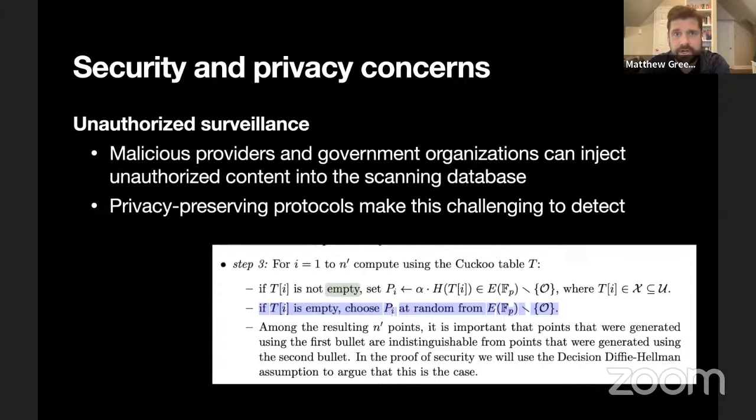And just to give you one very concrete example, there is a point in the Apple PSI protocol where, when there is an empty space in the encrypted database, you insert a random element. That random element should be random, but of course the distribution of meaningful database elements is indistinguishable from random elements. And the protocol does not do a good job, at least as currently specified, at ensuring that this doesn't happen to real systems. So there are many challenges.